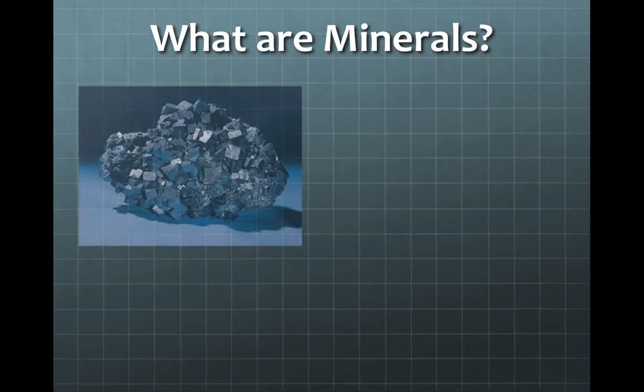For example, this one right here is galena. And when you look at it, it probably looks very pretty, but actually it's mostly lead and sulfur. And galena is one of the major ores that we use for lead.